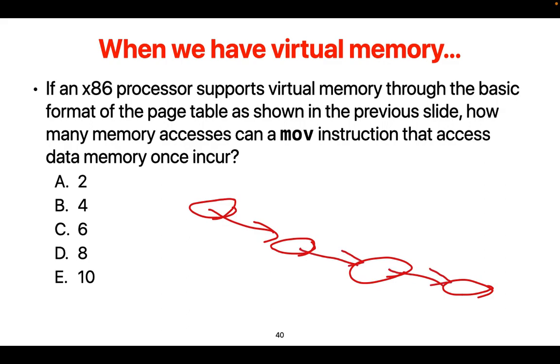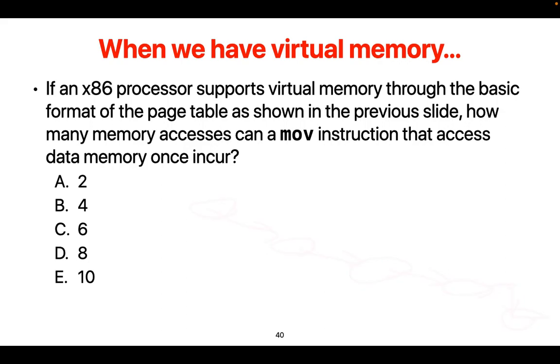But then when talking to my friends here, they said it would make more sense for it to be 6, since we would need the 4 from the page table, and then 1 from the index, and then I believe 1 from the actual access. So they convinced me because that made more sense.